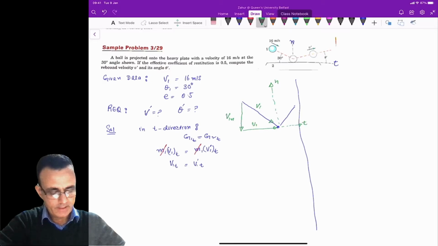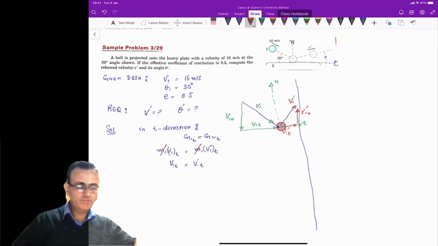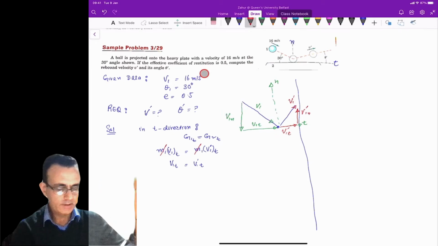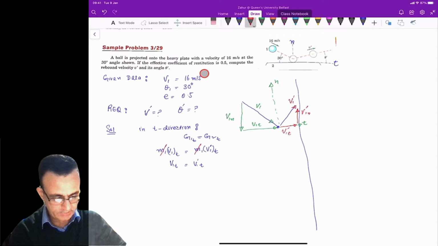Similarly, v1 dash can be split into two components: v1 dash n and v1 dash t. This angle is 30 degrees, and this is theta dash, which is unknown in this case.